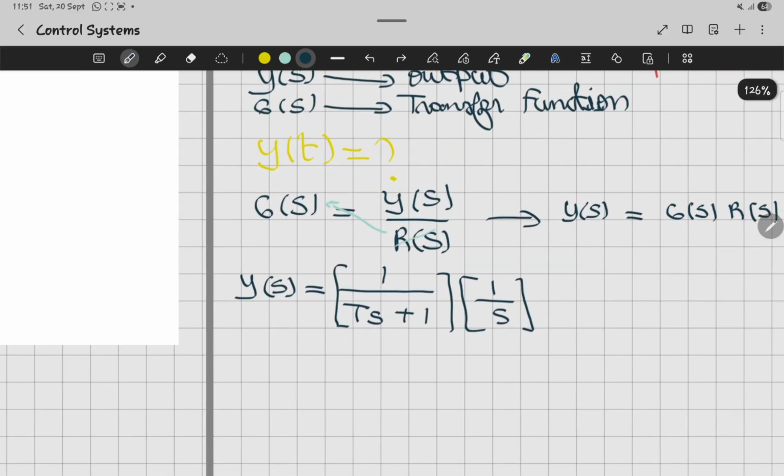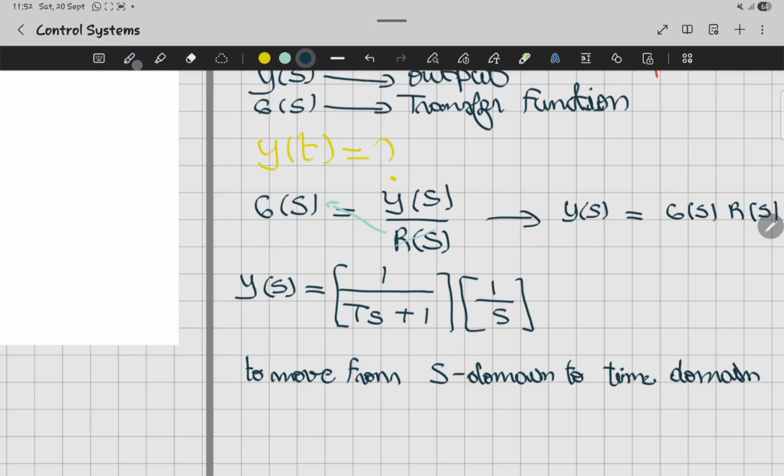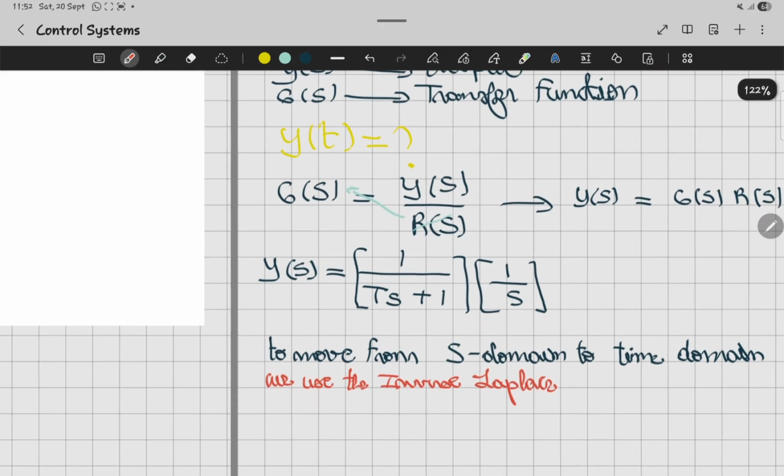In order to move from the s domain to the time domain, we use the inverse Laplace. So we use the inverse Laplace.